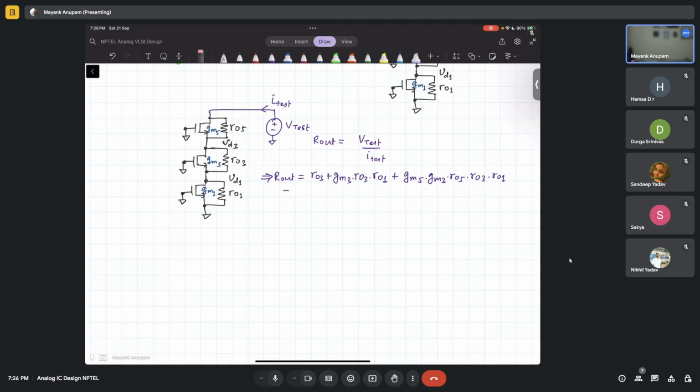There should have been some terms equal to RO3 plus RO5 plus RO1 also. You should have also gotten a term like this. Didn't you get this?